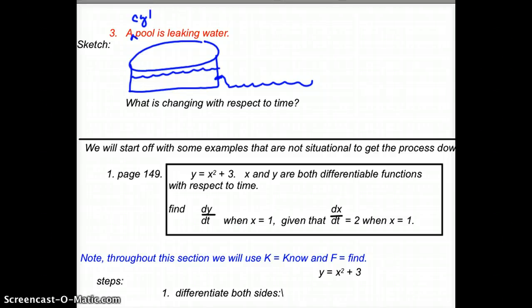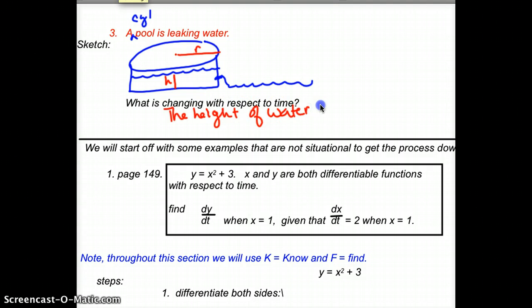And when it says what is changing with respect to time, well, again, you've got a picture. The radius of the pool is constant, so I don't have a dr dt on here. But as that leaks, what's happening is the height of this water is going down. So the height of the water is changing with respect to time.